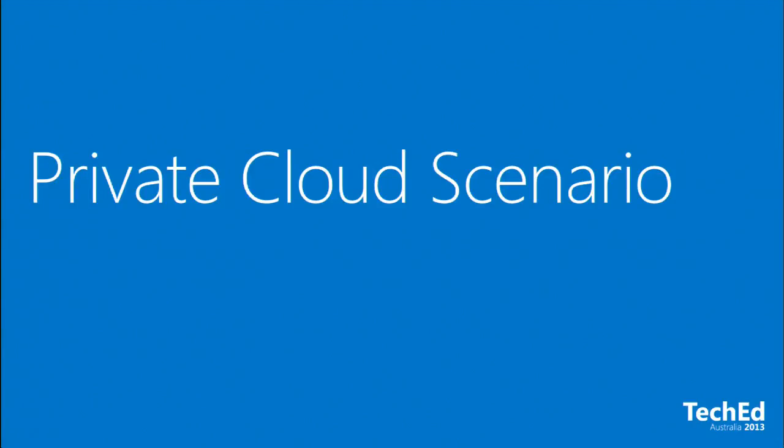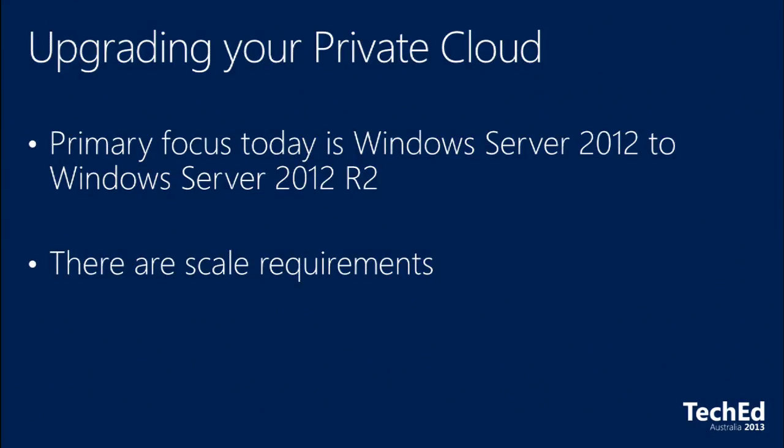So, with all that in mind, let's take all those assumptions. As I said, there are lots of different ways to do a private cloud, and I don't have enough time to talk through all of them. So I am going to talk through a couple of specific deployments and the strategy and the process that you would take for this. So first thing to know, for this session, I'm going to be primarily talking about 2012 to 2012 R2.